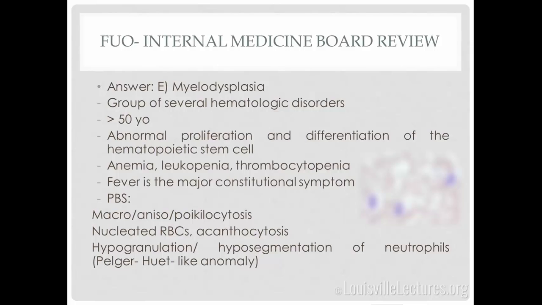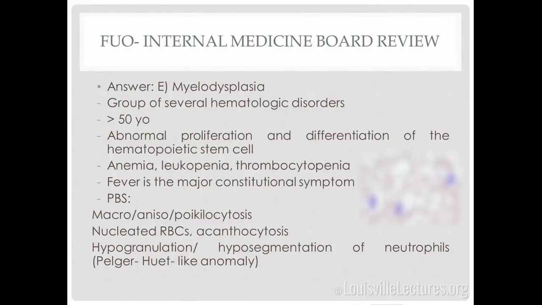So you can have macrocytosis, so the RBCs are big, right? Poikilocytosis, which means that they have an abnormal shape to them, like they almost look like a multi-tiered star, almost like a spur cell, but not quite. And anisocytosis, basically the RBCs are of different sizes.